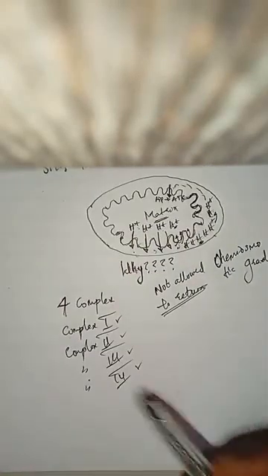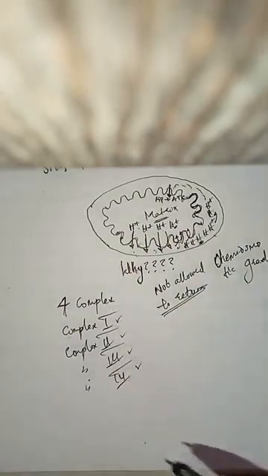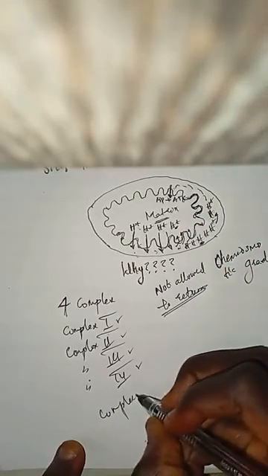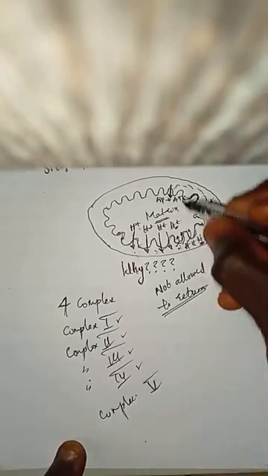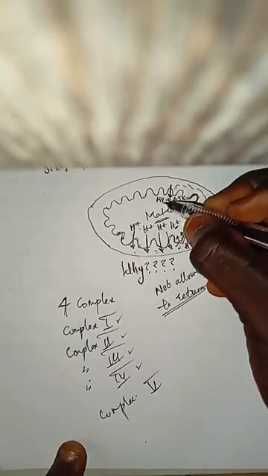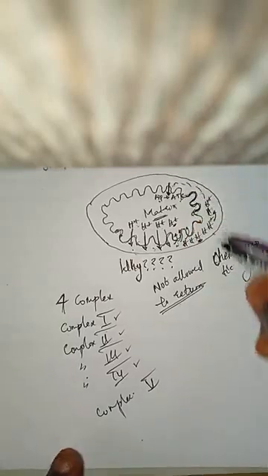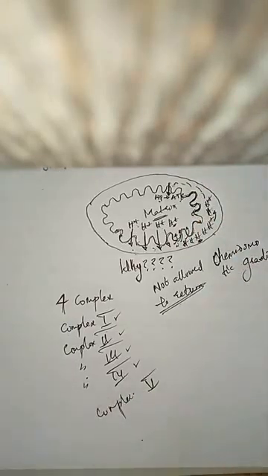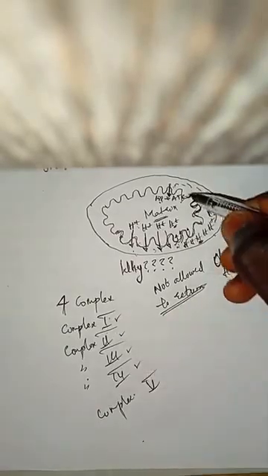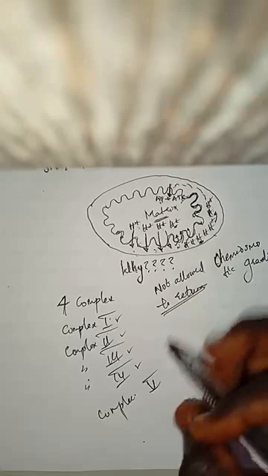All right. So there are 4 complexes, complex 1 to complex 4. And there's also another one called complex 5 actually. But complex 5 is the one that is responsible for the phosphorylation of ADP to ATP. So when you are talking about the electron transport chain, we usually call only 1 to 4. But when you now call the phosphorylation, that is for what?